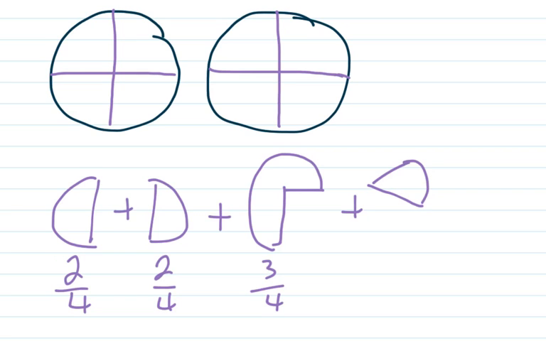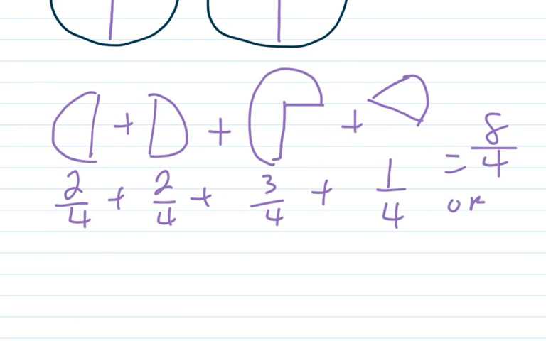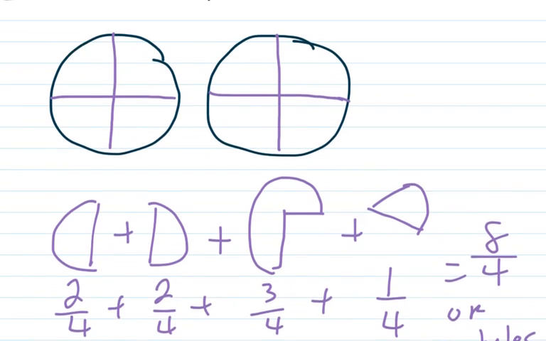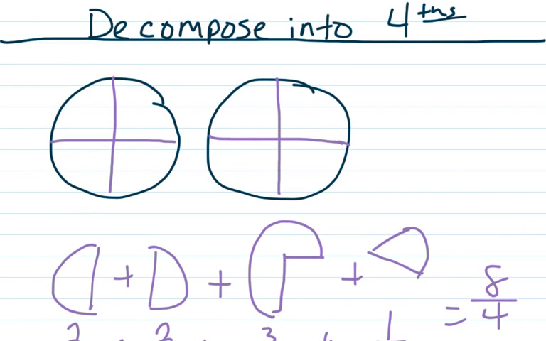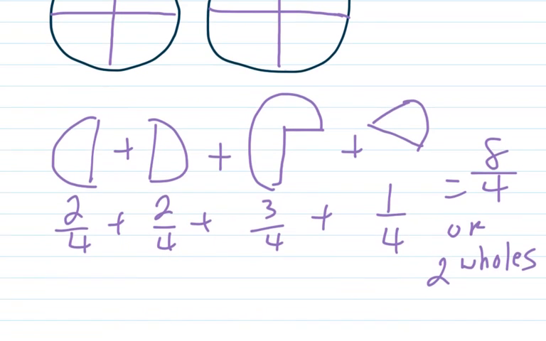Remember that these are equally drawn parts. And if we add these all together, we will get 8/4, or 2 wholes. So that is one way to decompose that into fours. Like I said, you can go through here and look at other ways to decompose that.